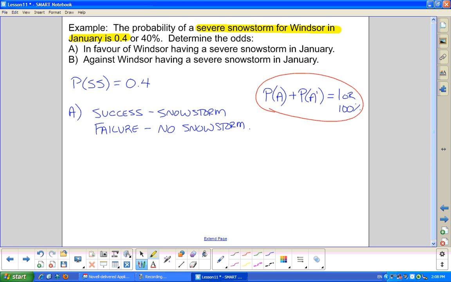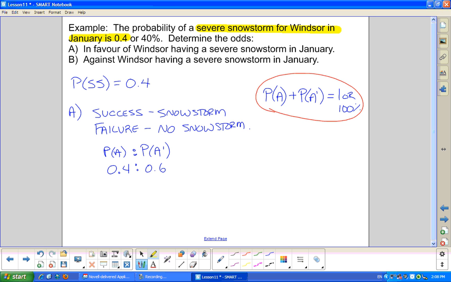So to answer A, in favor of Windsor having a severe snowstorm, success goes first. So I'll do all the steps here. We are looking at the probability of A compared to the probability of A prime. So the result would be 0.4 to 0.6. Now when you look at the answer in the textbook, they probably simplify it.